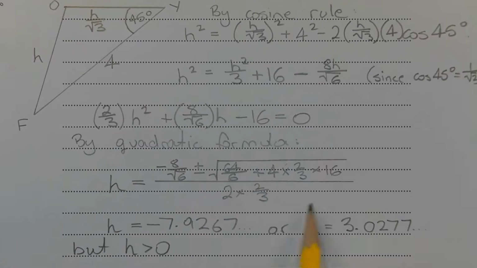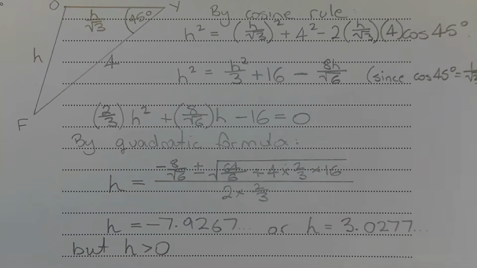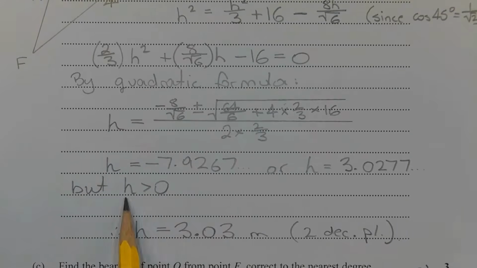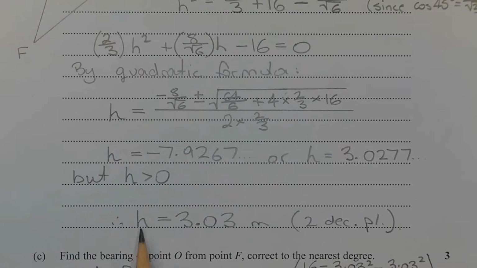So by the quadratic formula, we get h is equal to negative 7.9267 and so on, or h equals 3.0277 and so on. But h represents a height, so it can't be negative. So h is greater than 0. Therefore, h equals 3.03 meters, correct to 2 decimal places.